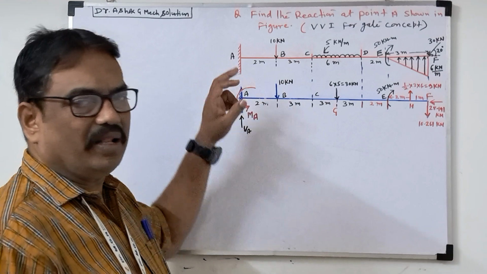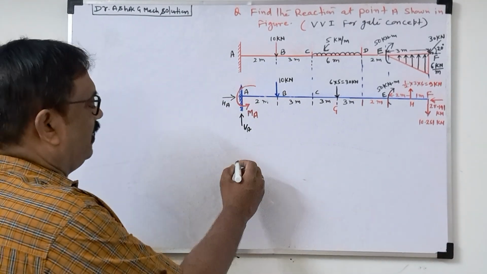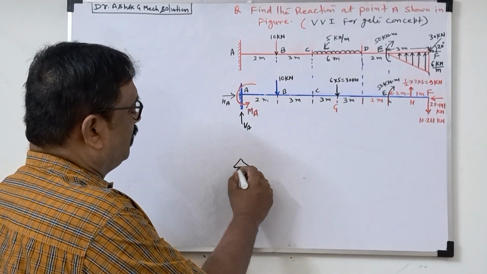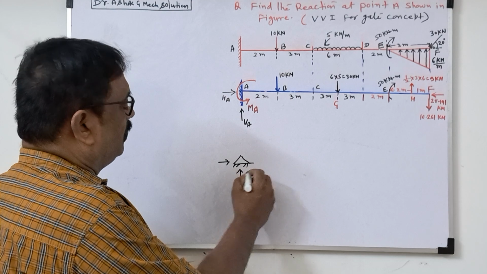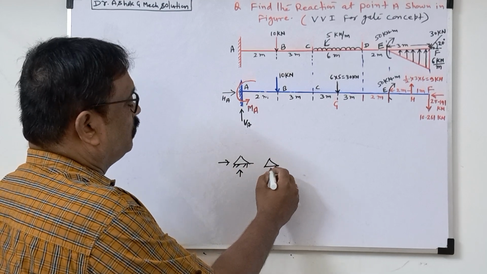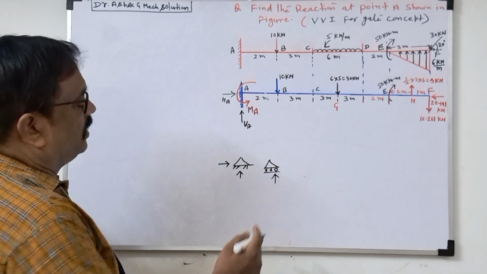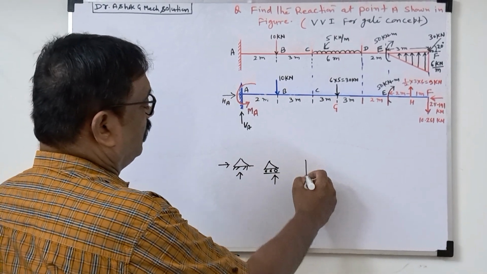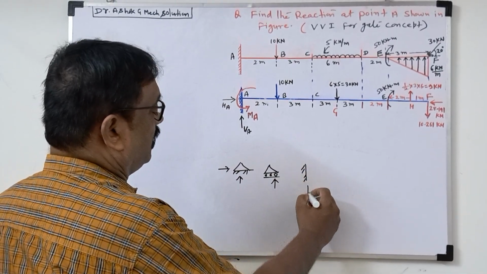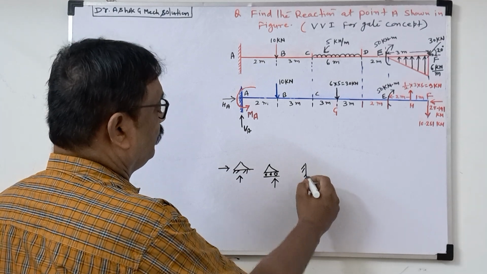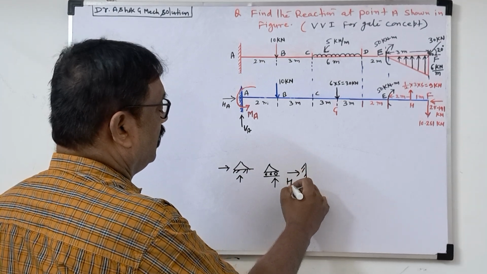For a fixed end, three reactions will be there. A hinge will have horizontal and vertical reactions. A roller support means only a vertical reaction will be there. If the end is fixed, there is a vertical reaction, a horizontal reaction, and one moment.